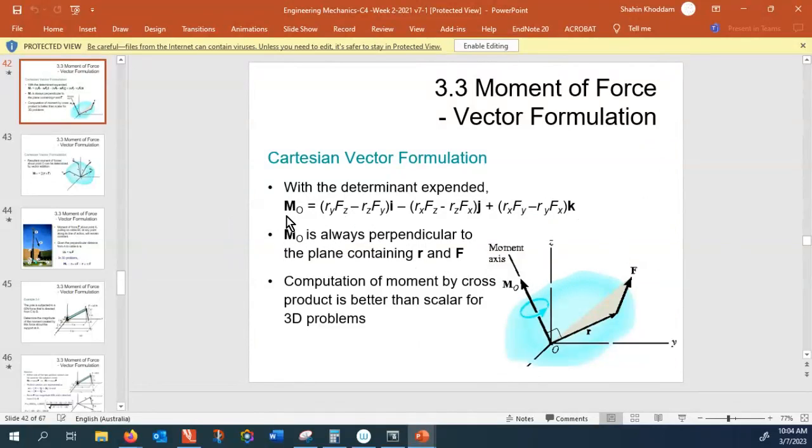That is the same. This is the extended version of the 3 by 3 determinant. If you extend it, you get that formula. But with this, you don't have to worry about the positive, negative.